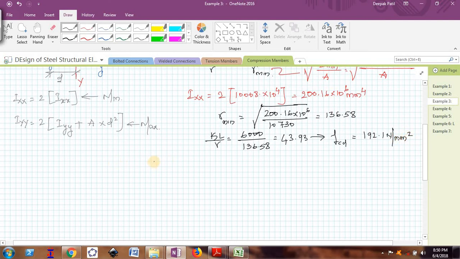So now I can easily find the value of PD, which is 10730, the effective cross section area, multiplied by 192.1. So it is 10730 multiplied by 192.1, which I am getting to be 2061.24 kilonewton.